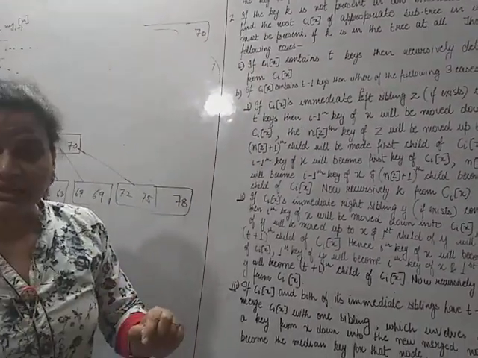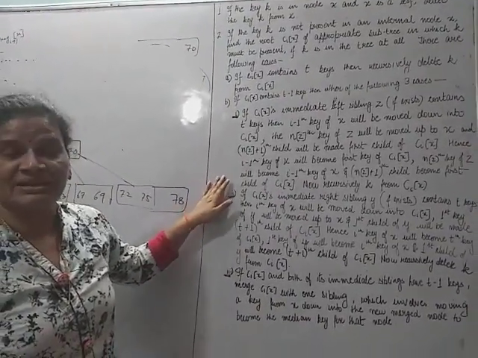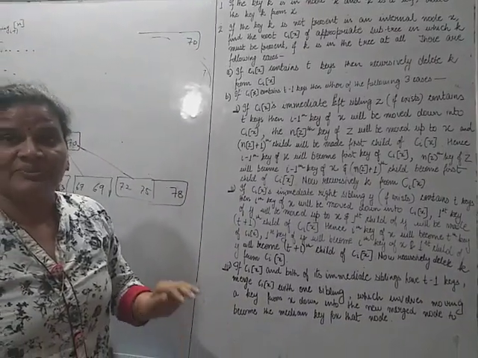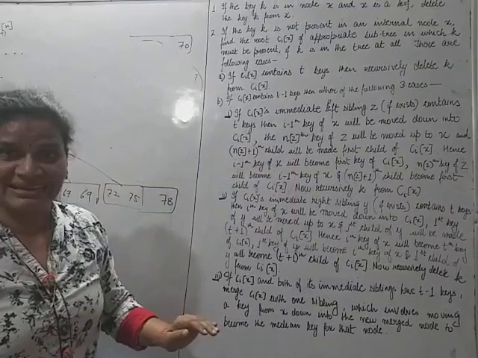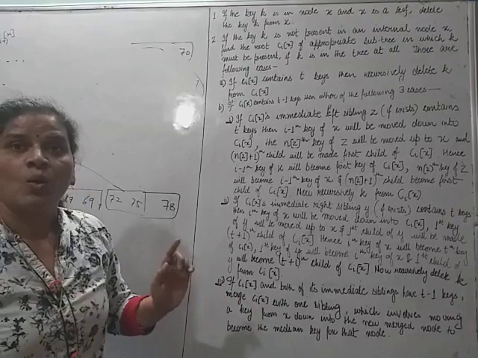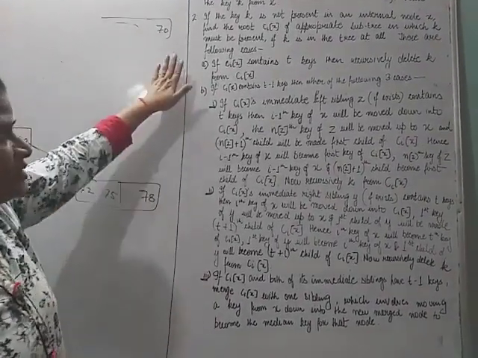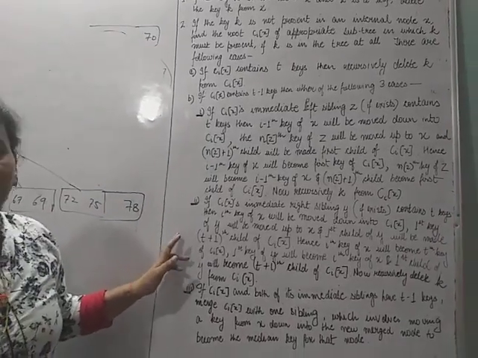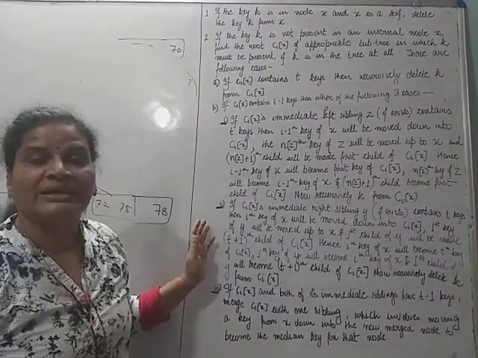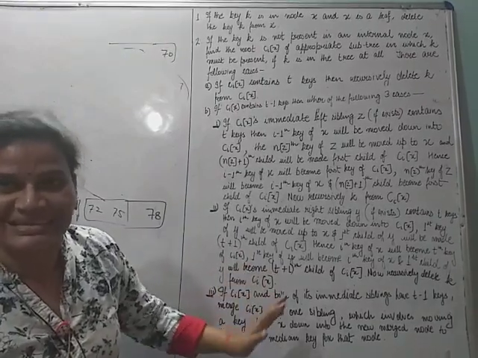Again, remember that this procedure is called with the condition that at any time x must contain at least t number of keys, that is 1 more than t minus 1 keys. So whenever I talk about x pointing to a node, it means x contains at least t number of keys.